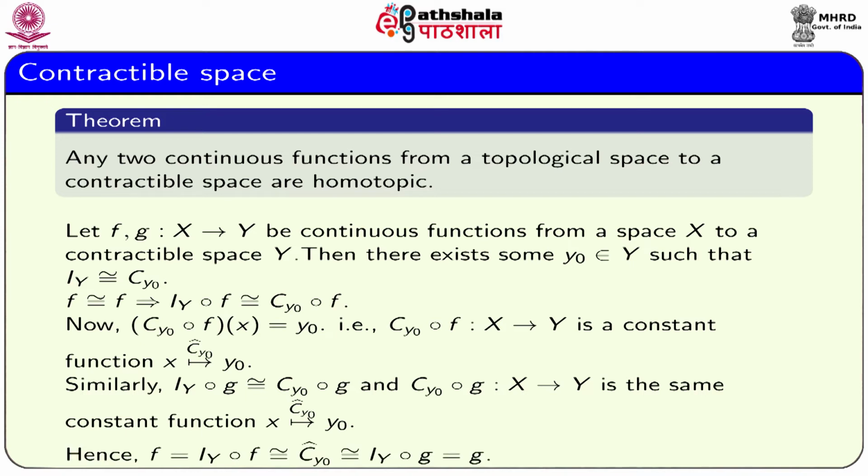Hence, f, which is equal to identity composed f, is homotopic to Cy0 cap, and this Cy0 cap is homotopic to identity composed g, which is g. So applying the transitivity of the relation being homotopic to, we get that f is homotopic to g.